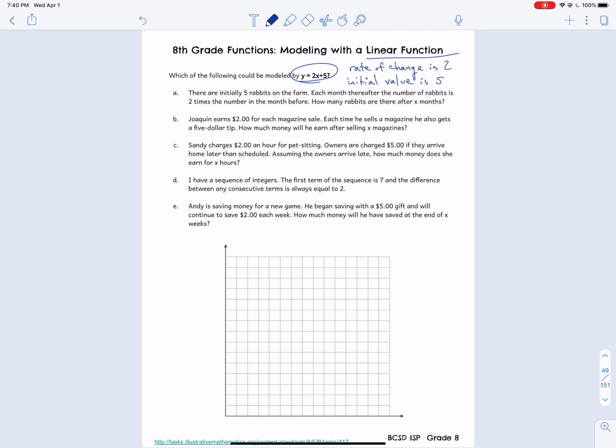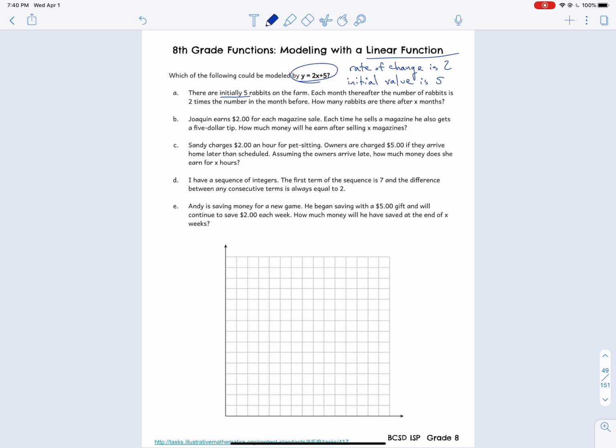So think of it as a rule of 4. We have an equation, we want to know what the description is. Okay, so A, it says there are initially 5 rabbits, so that sounds good, right? Initial value of 5. Each month thereafter, the number of rabbits is 2 times the number in the month before. Okay, so that increases by 2 rabbits each month.